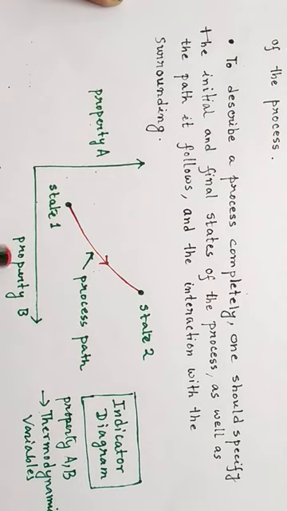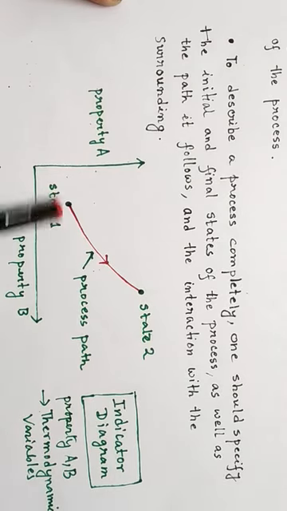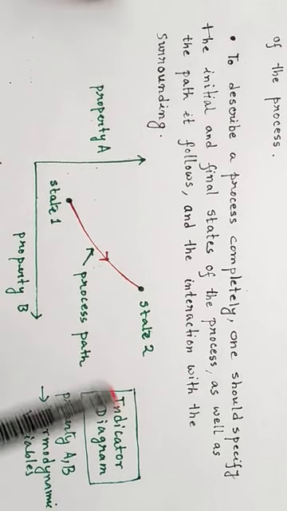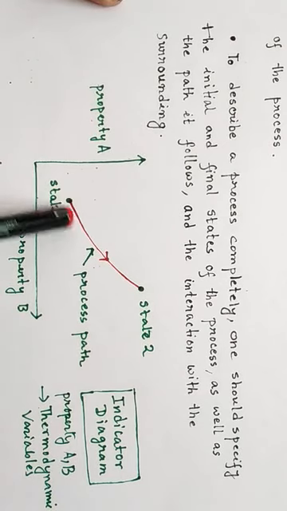Property A and property B are basically thermodynamic variables such as pressure, volume, temperature or others. Suppose this line shows the process.